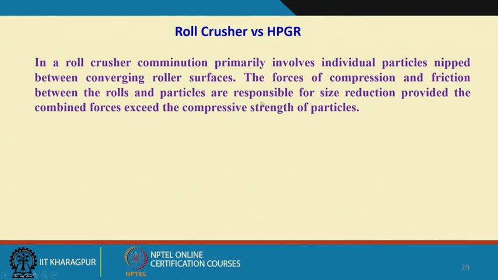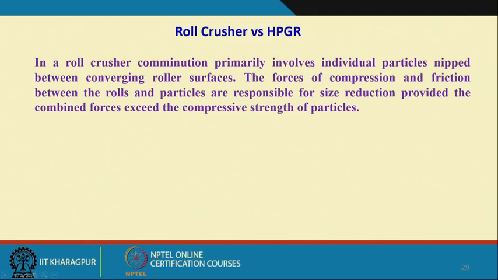we can say that in a roll crusher, comminution primarily involves individual particles nipped between converging roller surfaces, because you have only one point of contact. So, it basically involves individual particles nipped between the converging roller surfaces.